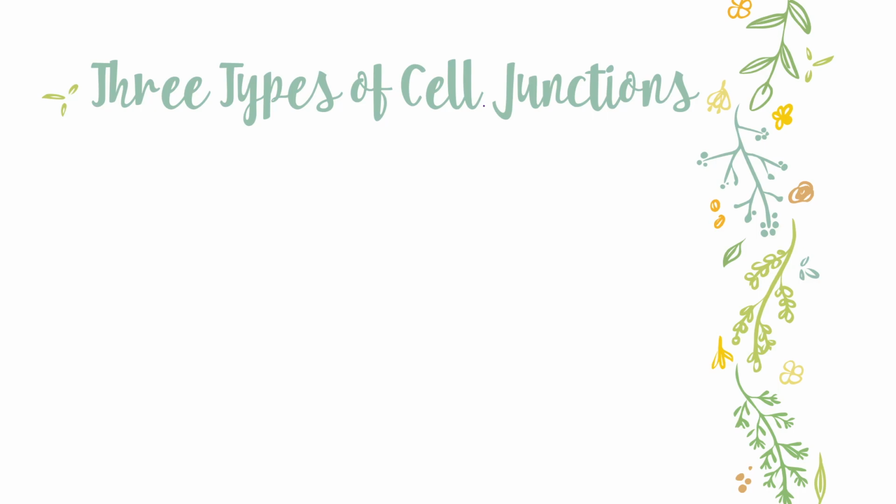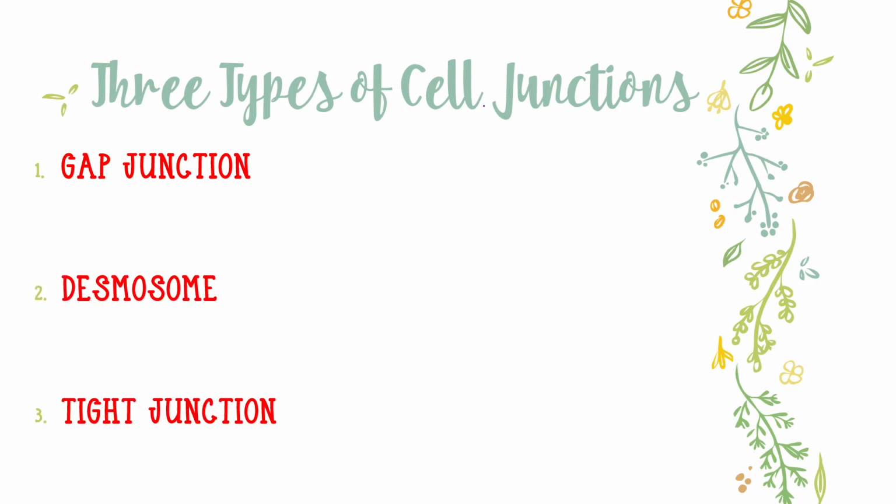Cell junctions play a crucial role, kids, in maintaining tissue integrity, enabling communication between cells, and facilitating coordinated function within your tissues and organs. So, that is how important your cell junctions are. What are the three types of junction? We have your gap junction, your desmosome, and your tight junction.